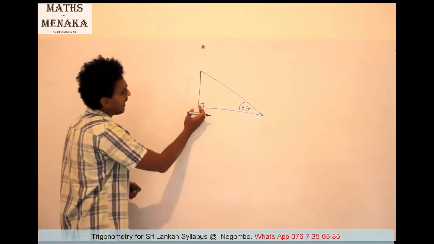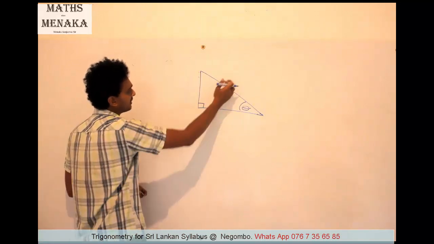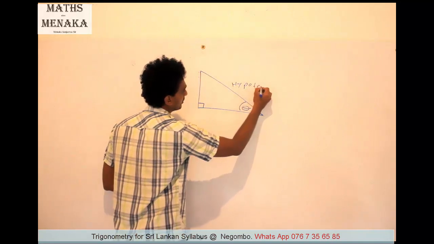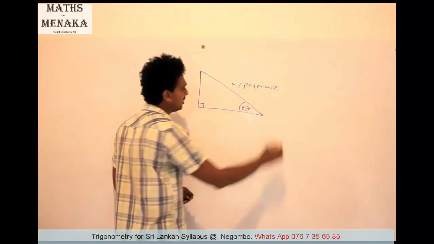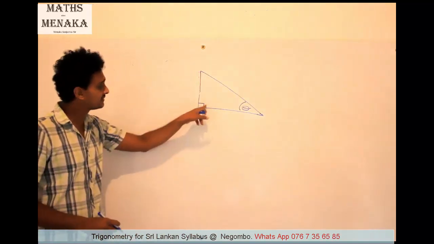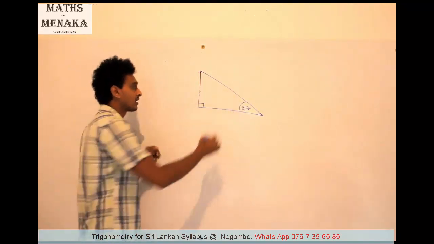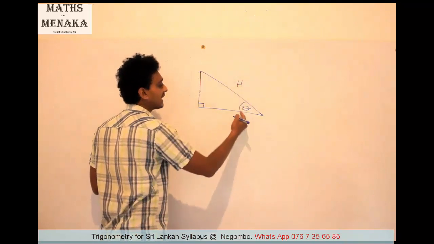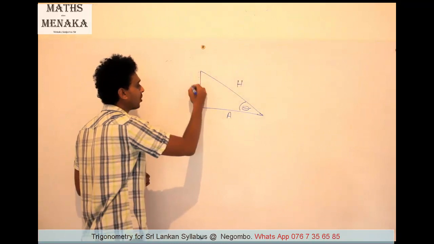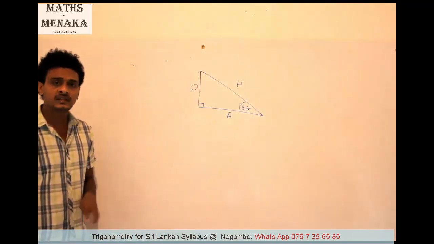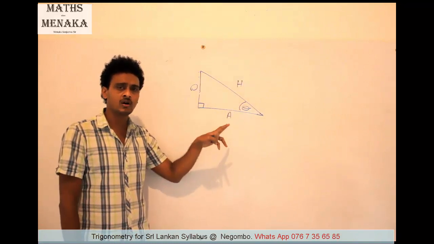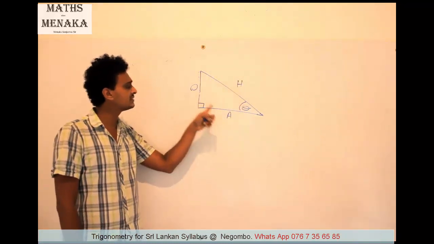The side opposite to the right angle is called the hypotenuse, and we write it as H. This is adjacent, A. This is opposite, we write O. Then you can get the sine value, cos value and tan value of this angle using these three sides.